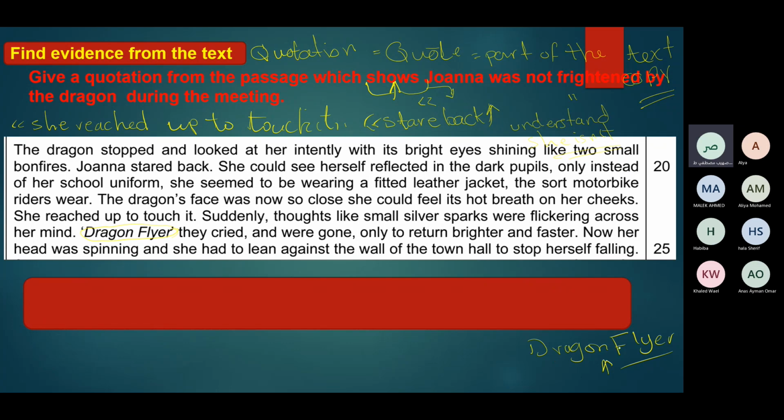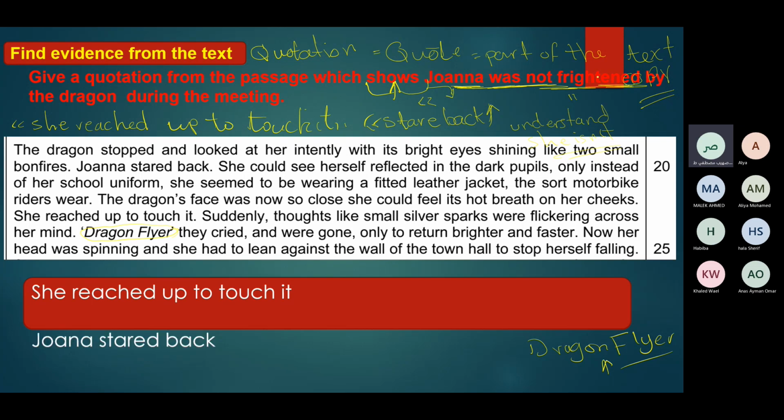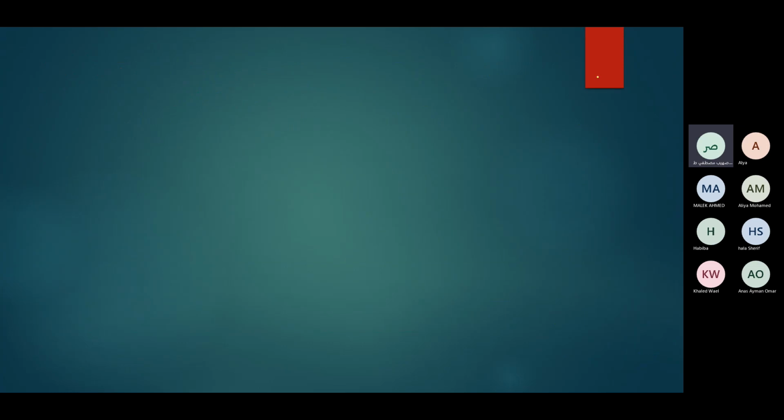Surely we don't. So I need a part from the text that shows me Joanna was not frightened. So please be accurate when you pick quotations. Okay, she reached up to touch it, and Joanna stared back. Good job.